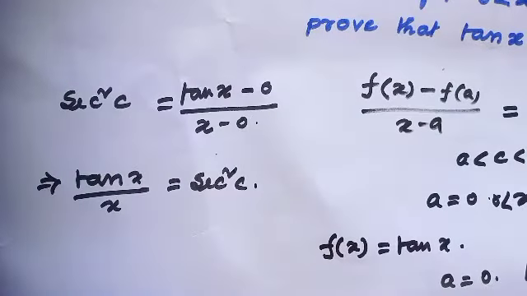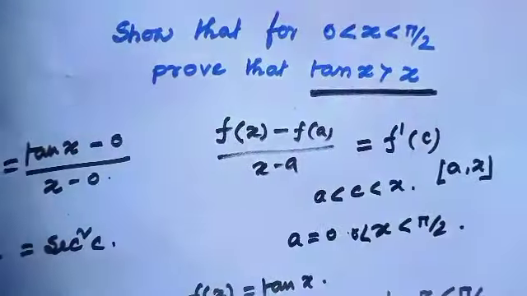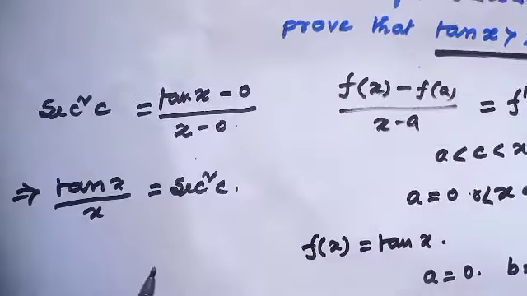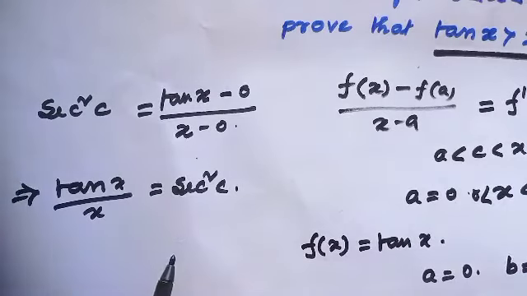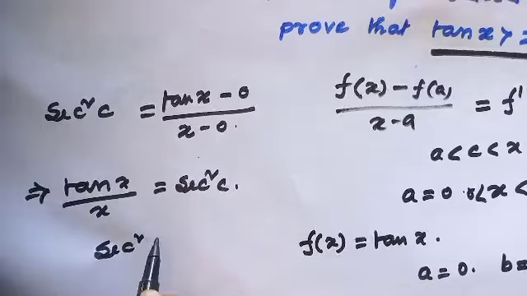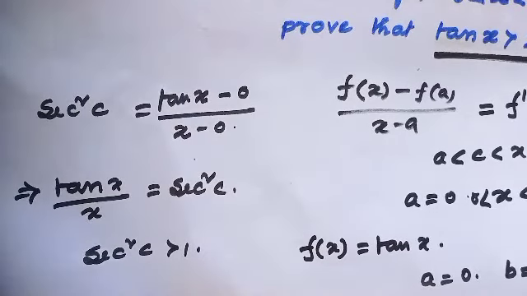Okay. And we have to prove this inequality, tan x always strictly greater than x. Now for this proof we have to prove sec square c always greater than 1. Okay.